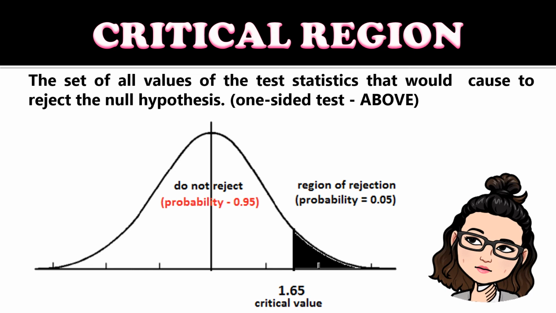For the rejection region, anything that is to the right of 1.65 or equal to 1.65 would be rejected. And the do not reject region has a probability of 95%. So anything to the left of the critical value would be accepted.